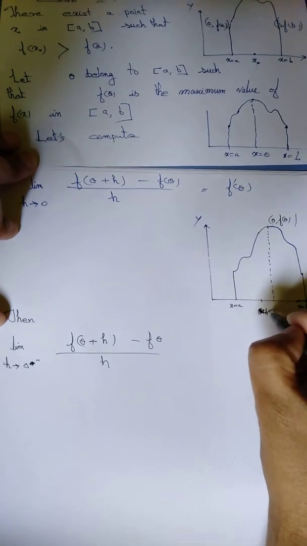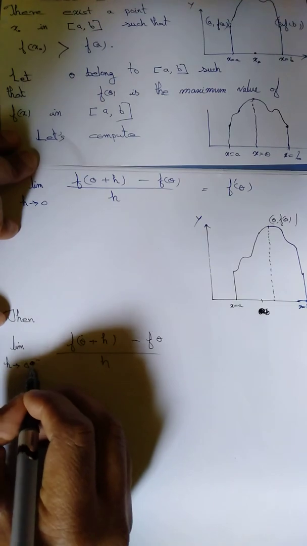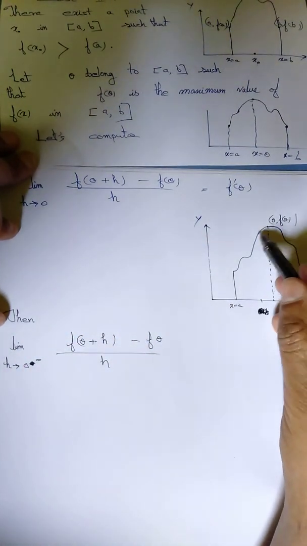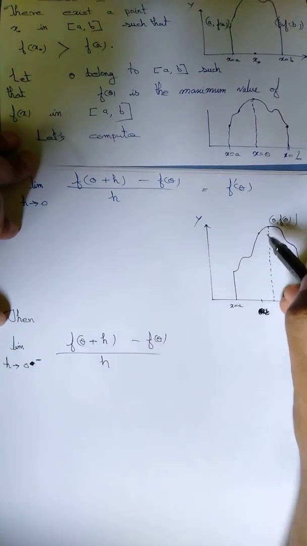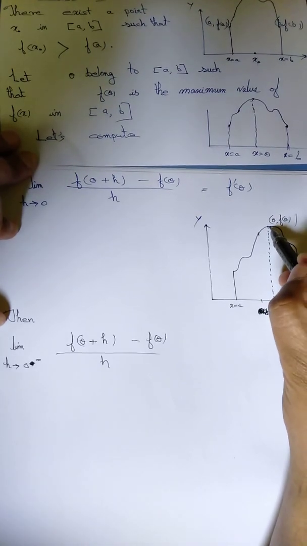If we are moving, when you take h negative, your theta plus h should be towards the left hand side, and that must be of less height than f theta.